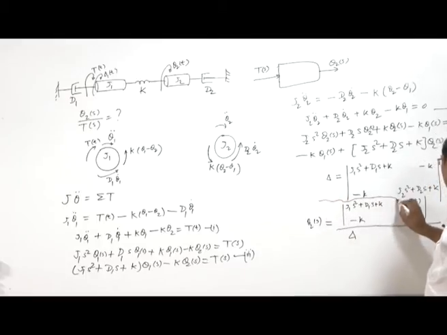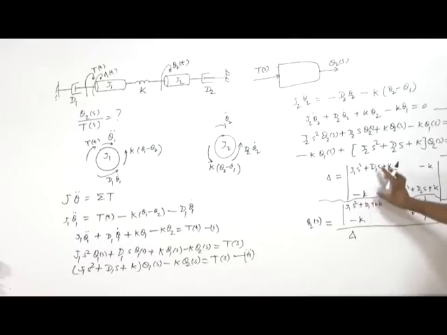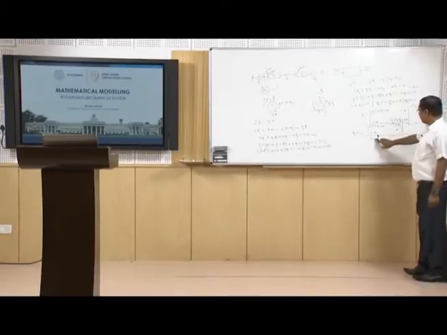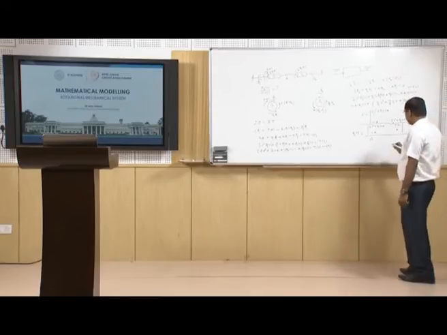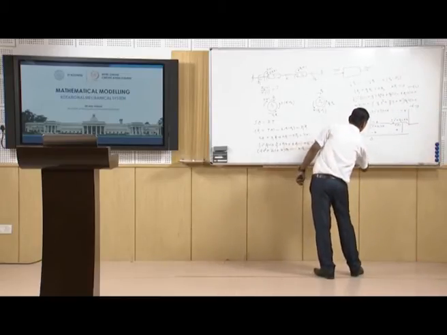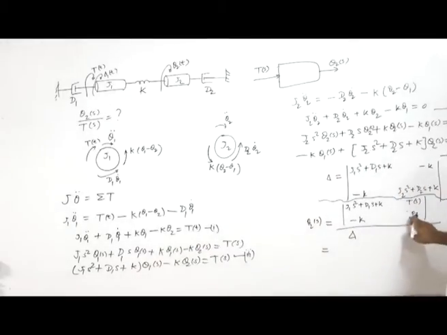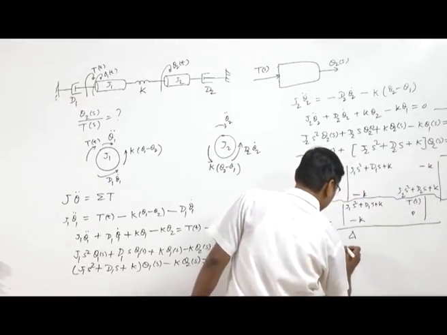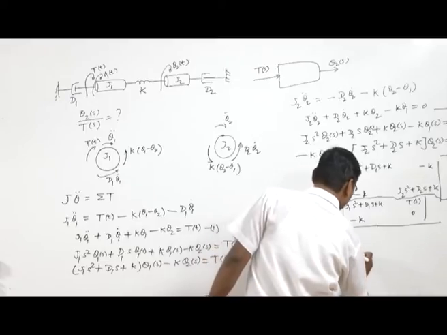We should differentiate here. This column is the same, and because we are finding theta 2 s, this column is replaced with the column of the right-hand side terms, that is T s and 0. So from here we find this equal to 0 minus T s into K, so minus minus plus, so T s into K, by delta.